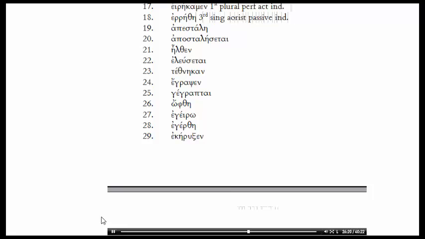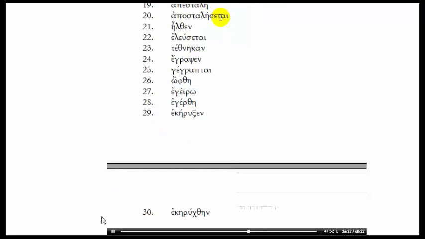All right, let's scroll down just a bit here. Apestale. This is a tricky one. Now, first of all, sometimes it's helpful to peel back the prefix here and just say stale, from stello.